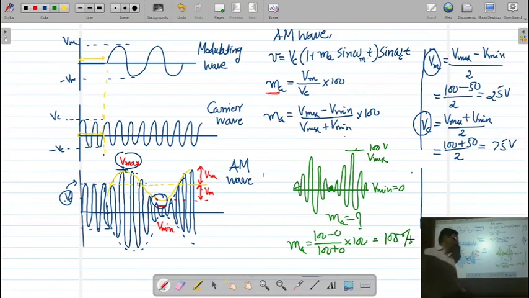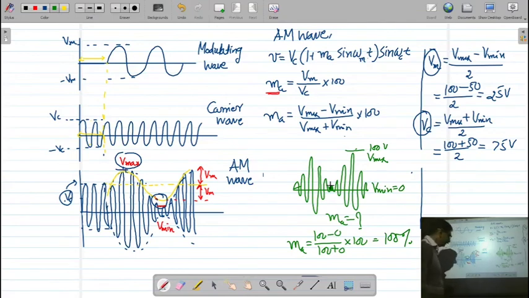So if you have the waveform for a 100% modulation, then in that waveform, remember, the minimum voltage is always 0. Then the maximum voltage is anything. Suppose instead of 100, if it is 50 or 75 or 25, then the modulation index always comes out to be 100%.